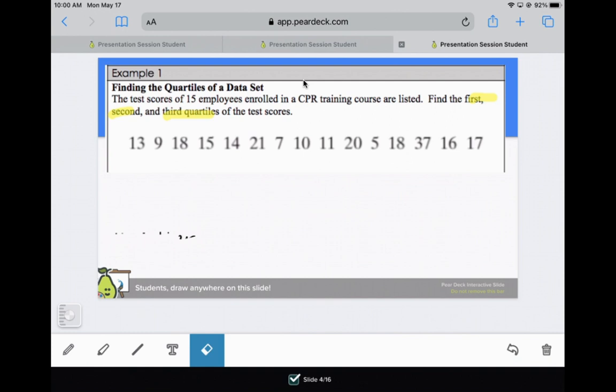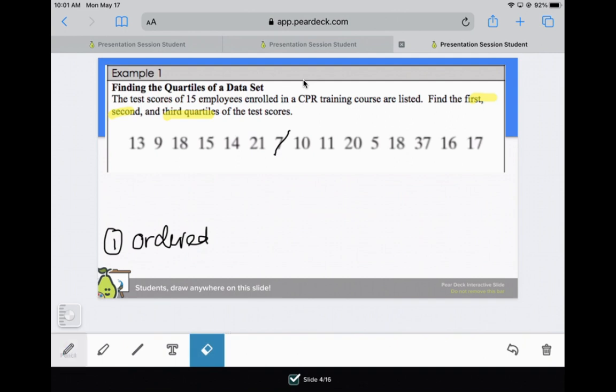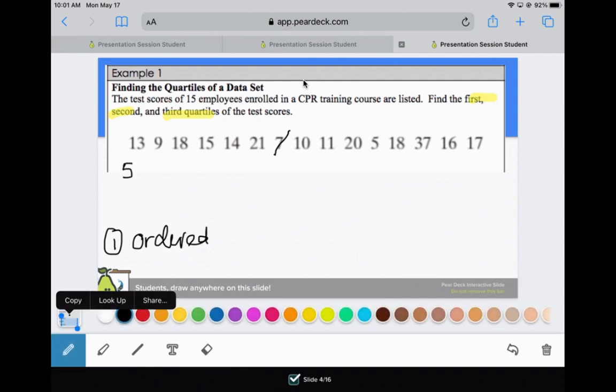So step number 1, I have to put things in order. Okay, so in here I have 7. I'm going to relist this one to 7. Sorry, number 5 first. My bad. 5, 7, then 9.